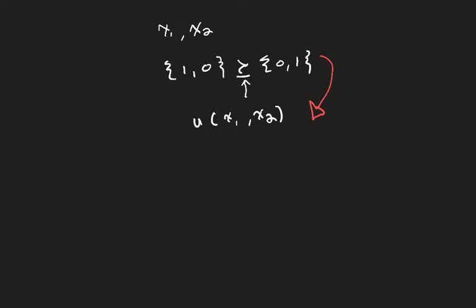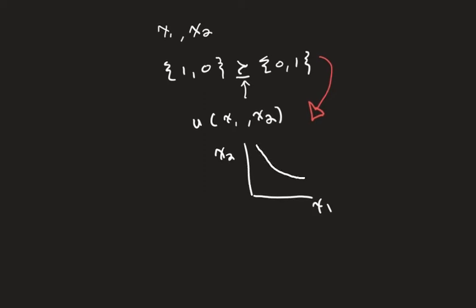And so we can draw those in x2 and x1 space, and we call all the combinations of x1 and x2 that make us equally happy, and say give us some utility level, we'll call u bar.